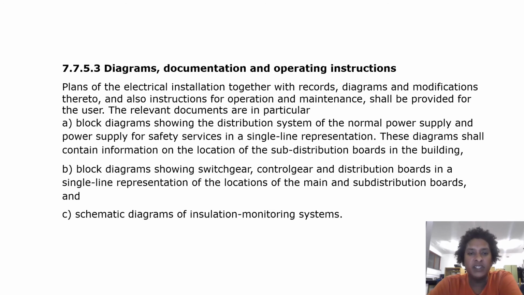These diagrams shall contain information on the location of the sub-distribution ports in the building. Block diagrams showing switchgear, control gear, and distribution boards in a single line representation of the locations of the main and sub-distribution boards, and schematic diagrams of installation monitoring systems.